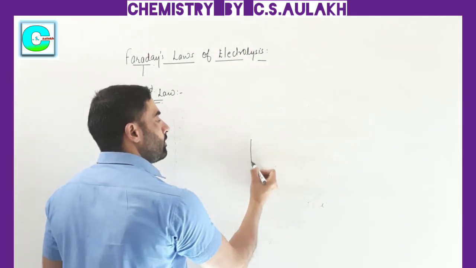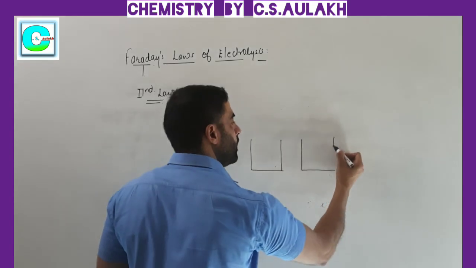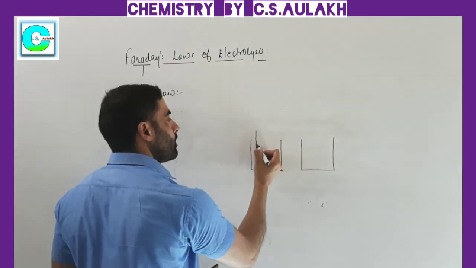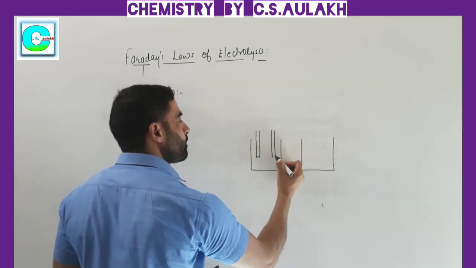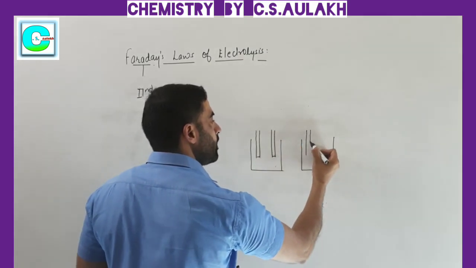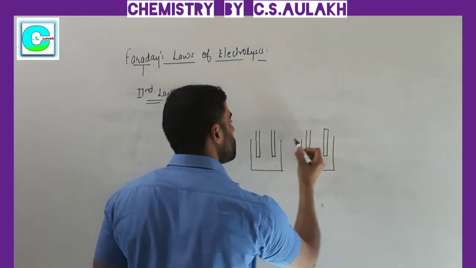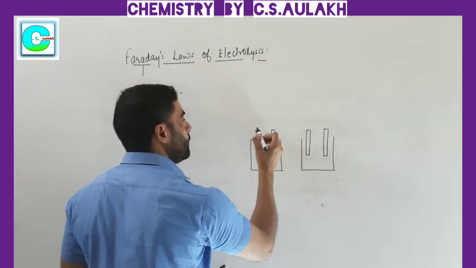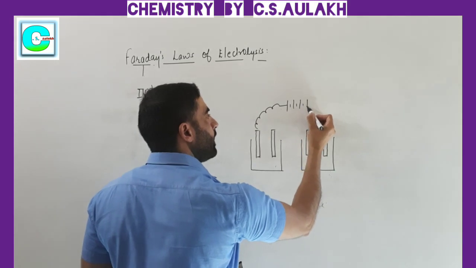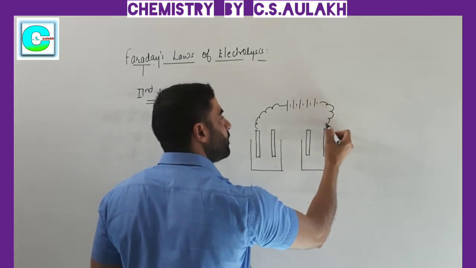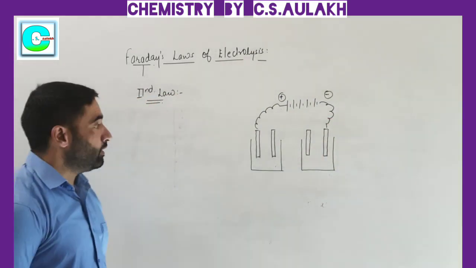Here we will connect the two solutions with the same quantity of electricity in series. That is, we have two electrolytic cells and both these are connected to the same source of electricity, the same battery here. On this side this is the positive terminal, on this side this is the negative terminal.